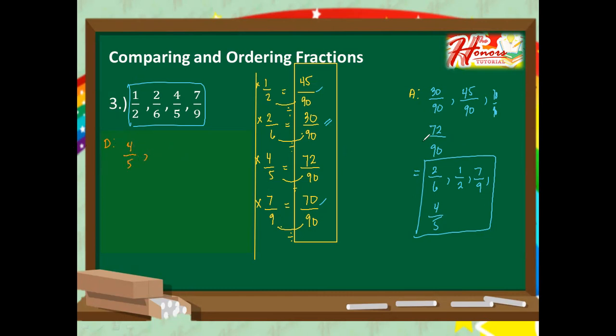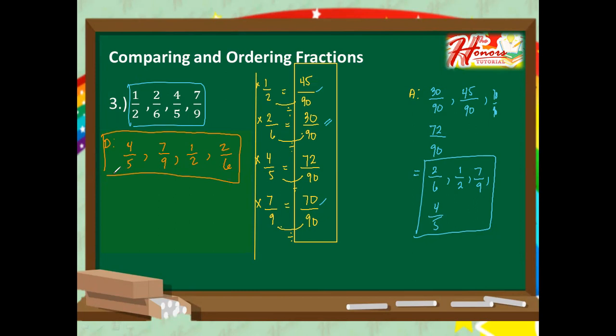And then after 72 is 70, so that is 7/9. And then we have here 45, that is 1/2. Then for the least number, that is 30, and that is 2/6. So this is the descending order of number 3.